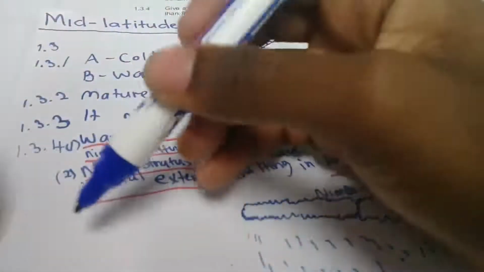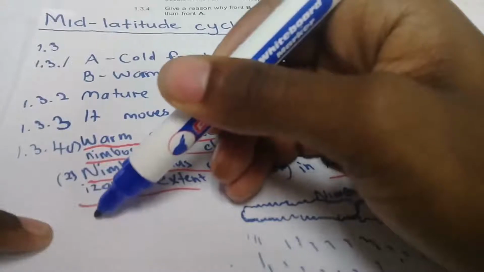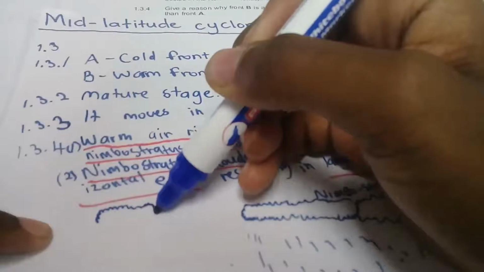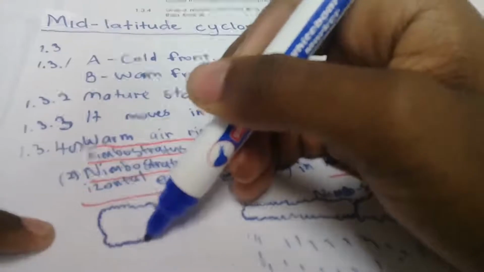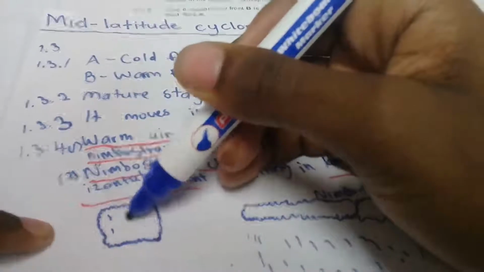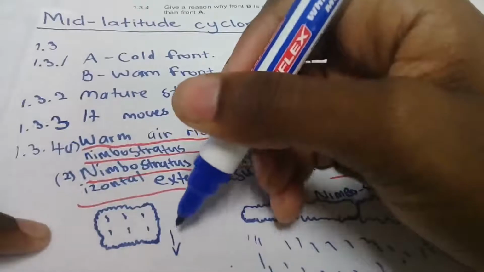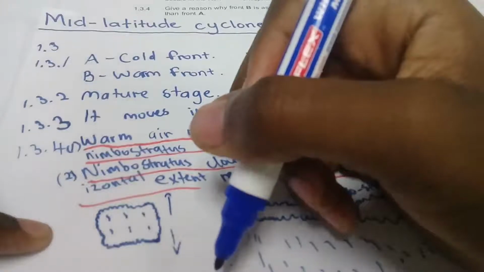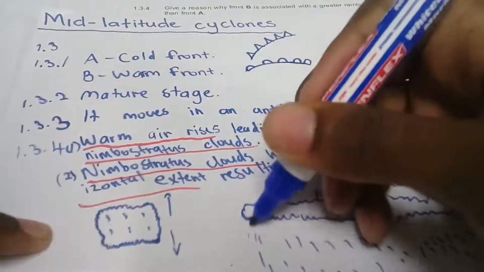I'm just explaining further so that you don't get confused. Cumulonimbus clouds are very big, and they have a lot of impact, a lot of rainfall and so on. But they are long vertically. And nimbostratus clouds are long horizontally.